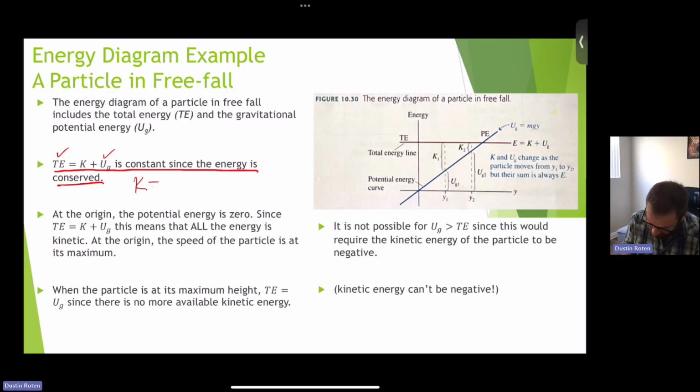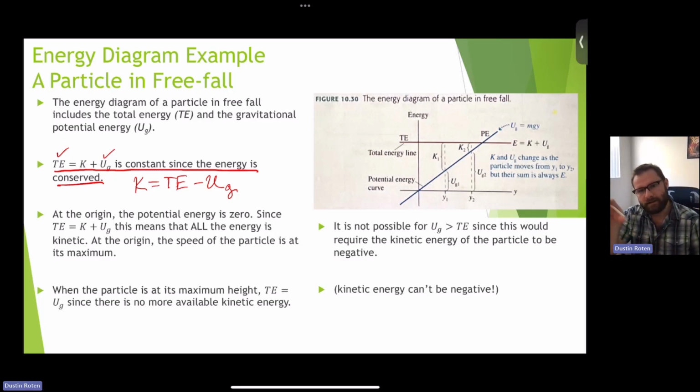So actually we can calculate K by taking the total energy and subtracting out the gravitational potential energy. Now this is actually pretty useful. So instead of having the total energy plotted, the kinetic energy plotted, and the potential energy plotted, we can keep these graphs clean by just looking at the potential energy and the total energy while still being able to get the kinetic energy out.